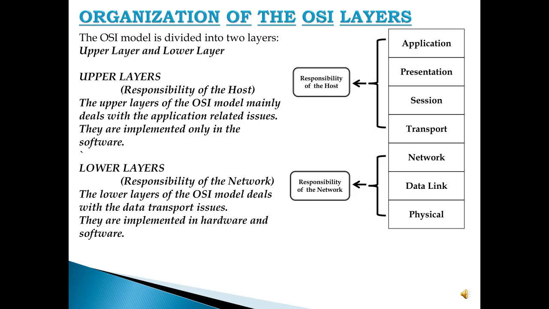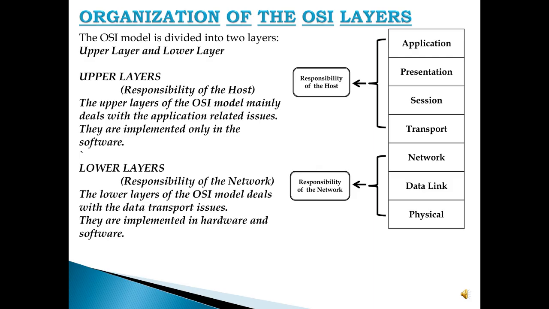The upper layers of the OSI model mainly deal with application related issues, and they are implemented only in software. The lower layer is the responsibility of the network. The lower layers of the OSI model deal with data transport issues. They are implemented in hardware and software.